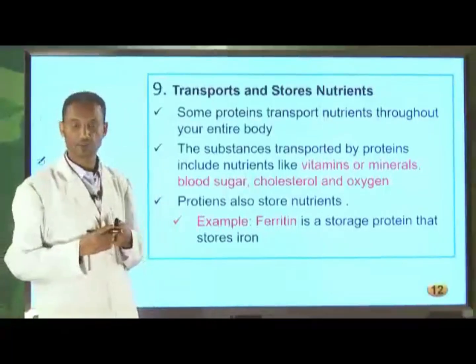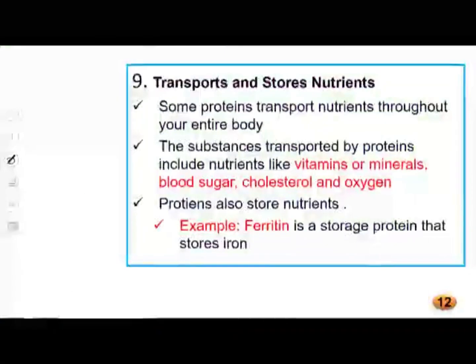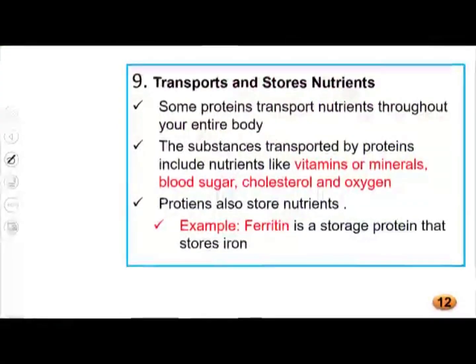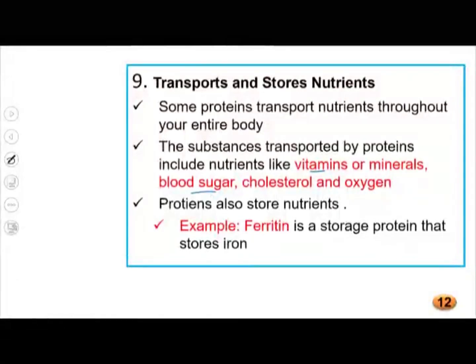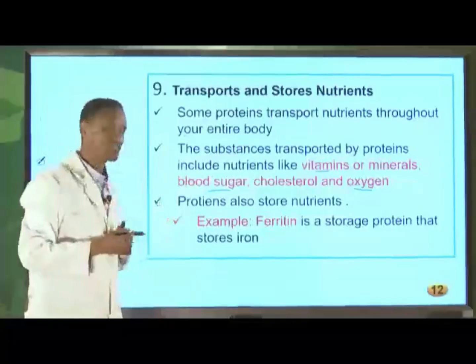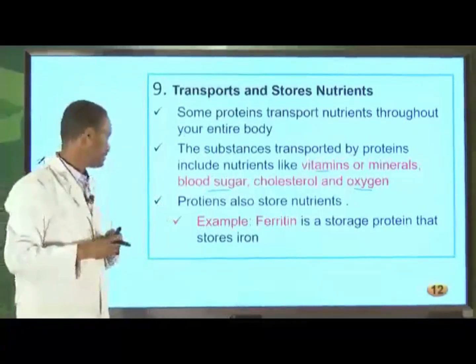Hemoglobin is a protein. The substances transported by protein include nutrients like vitamins, minerals, blood sugars, cholesterol, and oxygen. For example, oxygen is transported by hemoglobin.